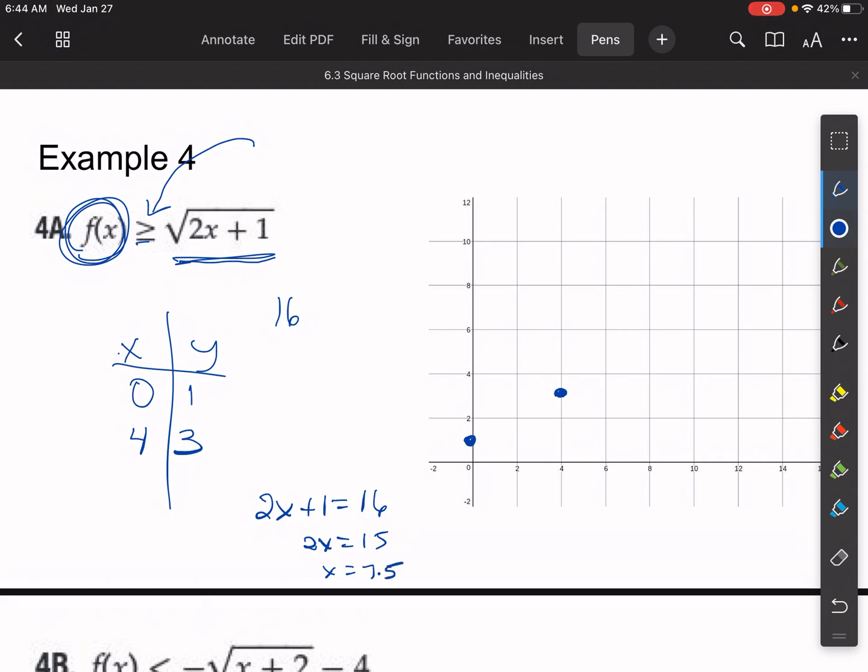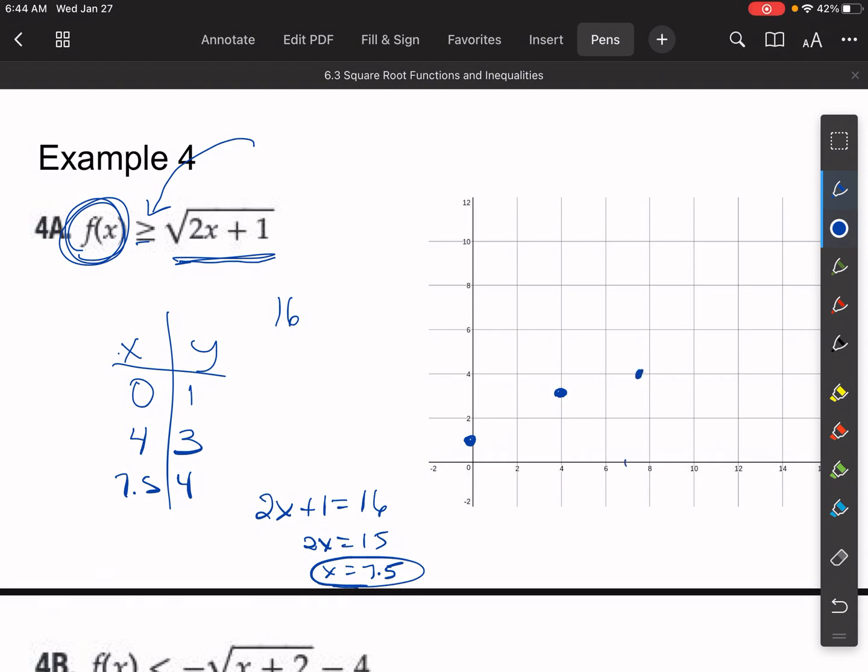If I plug in a 7.5, I can get a 16 out. The square root of 16 is 4. So at 7.5, I'm at 4.